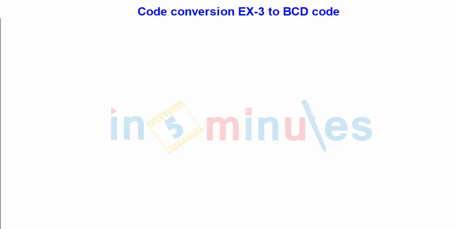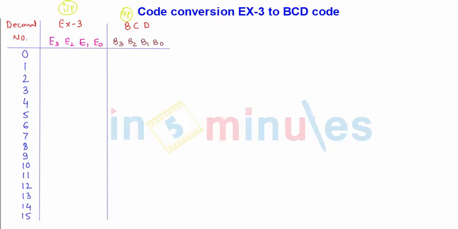What we have here is a truth table where the first column is the decimal equivalent, showing the position of the code 0 to 15, for which we'll write down the combinations of E3, E2, E1, E0, that is the 4 bit XS3 code, and the 4 bit BCD code B3, B2, B1, B0 is shown there. Let us first fill up all the 16 combinations for the XS3 code, for decimal 0 to 15.